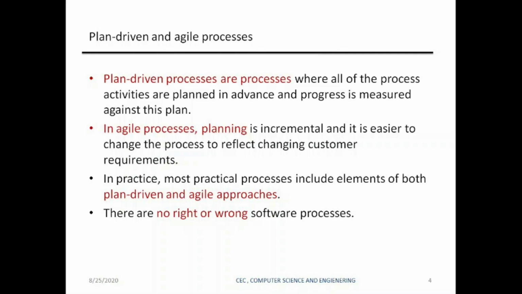When the customer doesn't want any changes, the plan-driven process is applied. The agile process is an incremental process, used when the customer keeps wanting changes in the software; at that time the software engineers apply the agile process. In practice, most processes include both plan-driven as well as agile approaches.